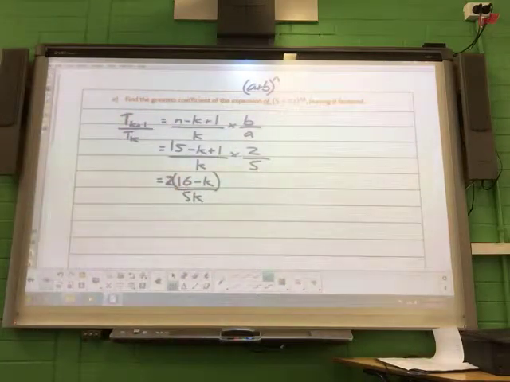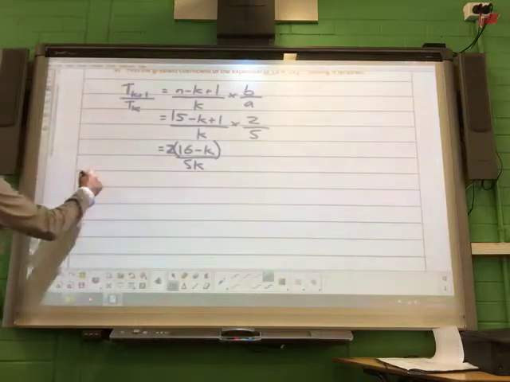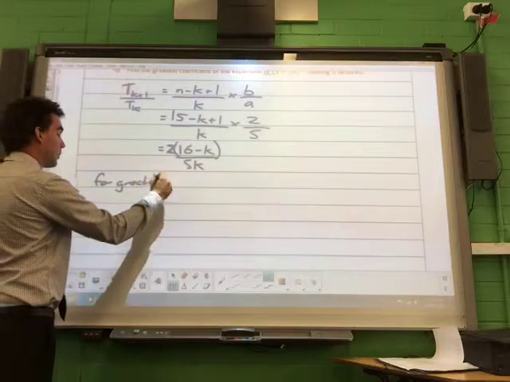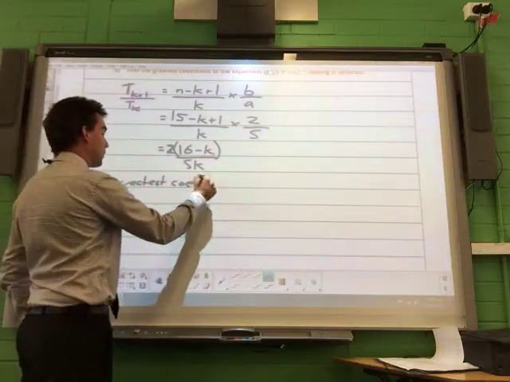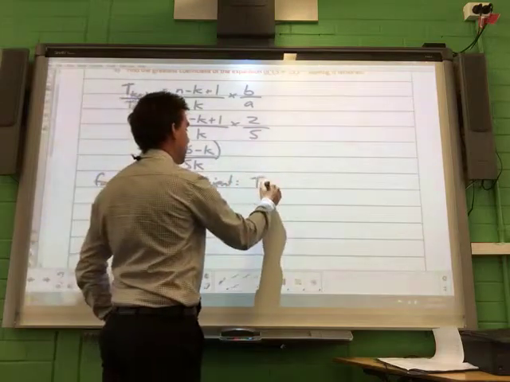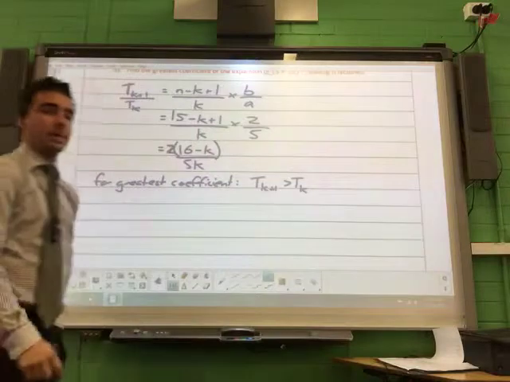Right, so what you are doing is finding the value for k with that inequality that we're about to write, that will provide the greatest coefficient. So for greatest coefficient, term k plus 1 must be greater than term k.